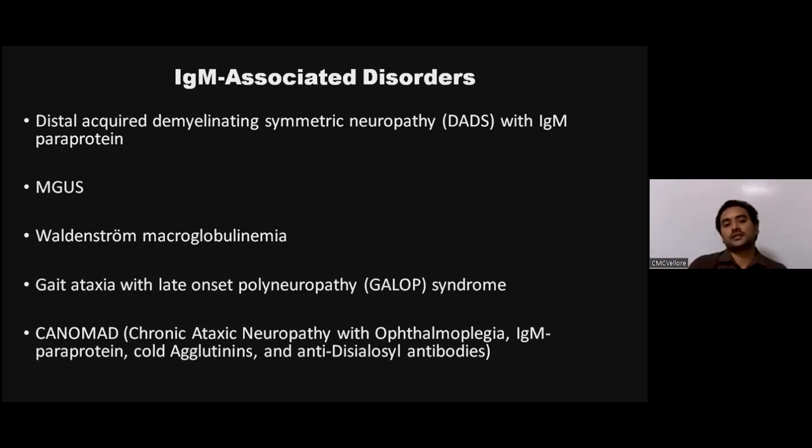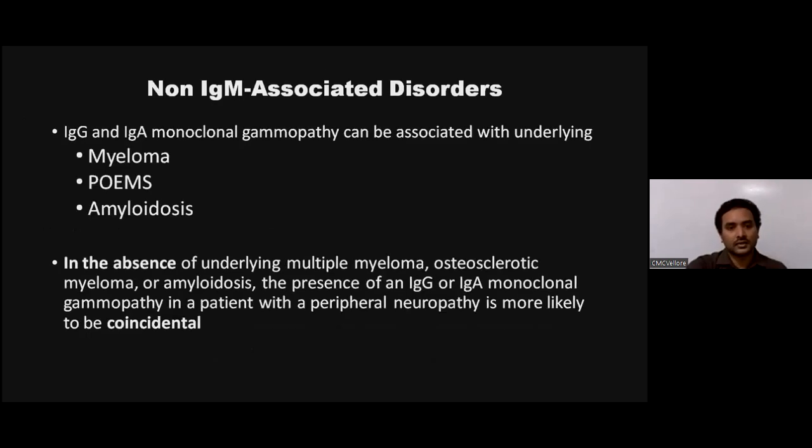In IgM related, the neuropathies associated with paraproteinemia usually were DADS, MGUS, monoclonal gammopathy of unknown significance, Waldenstrom's macroglobulinemia, and a recent entity, gait ataxia with late onset polyneuropathy, GALOP syndrome, and CANOMAD: chronic ataxic neuropathy with ophthalmoplegia, IgM paraprotein, cold agglutinins, and anti-disialosyl antibodies. Non-IgM associated disorders are the IgG and IgA related. These are myeloma, POEMS, and amyloidosis.